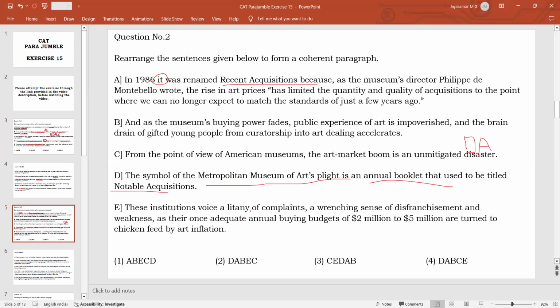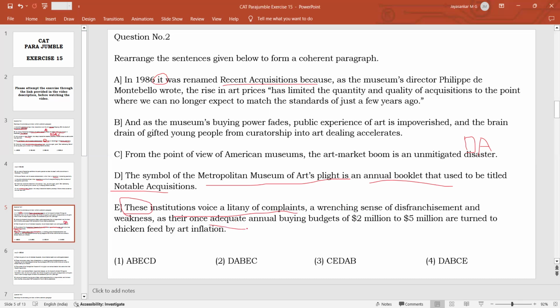Then, "these institutions voice a litany of complaints." How do we connect the pronoun? A wrenching sense of disenfranchisement means a powerful sense of being weakened. That is a wrenching sense of disenfranchisement and weakness because of the inadequate annual budget.